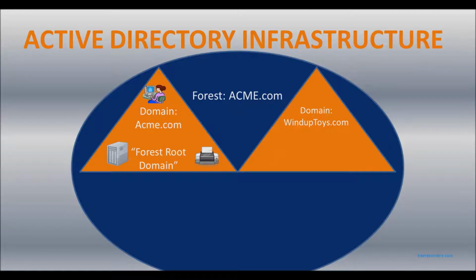And you're going to notice some icons in both of these domains here. Each one of these domains can contain their own user accounts, their own server objects, their own printer objects, their own groups, their own users, whatever. They are completely separate entities in and of themselves, but they play in the same acme.com umbrella.